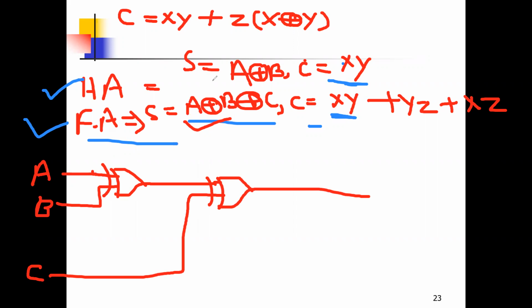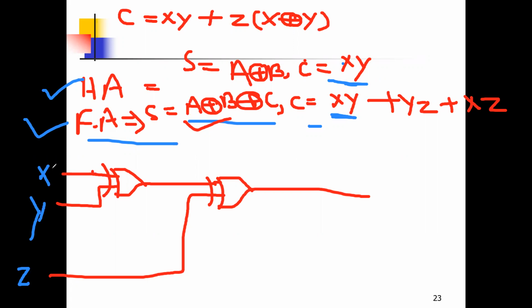Oh, it is XY, so why am I writing A XOR B XOR C? We understand. No problem, I will delete it. Okay, so I have X, Y, and Z. Actually, my favorite is ABC, not X, Y, Z. Okay, so X, Y, Z.